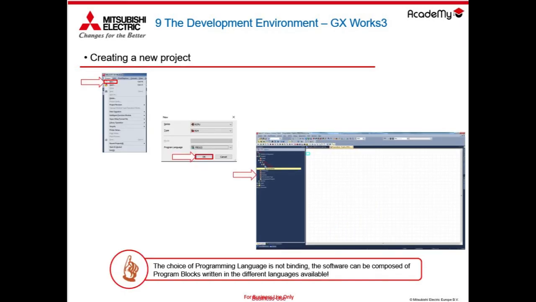New project creation. As done at the top in the navigation tab, at the top, project, new, we open a pop-up where we are asked to indicate the family of the PLC. So in our case, iQ-R. We chose an R CPU, and as type immediately after, we are asked to identify the exact model of the CPU with which we will interface.